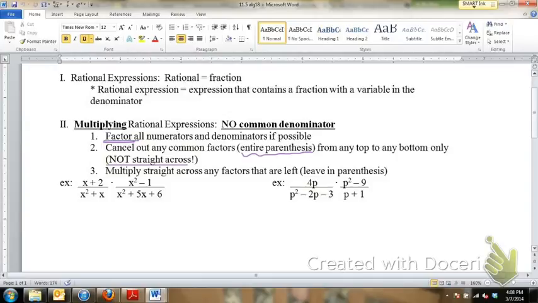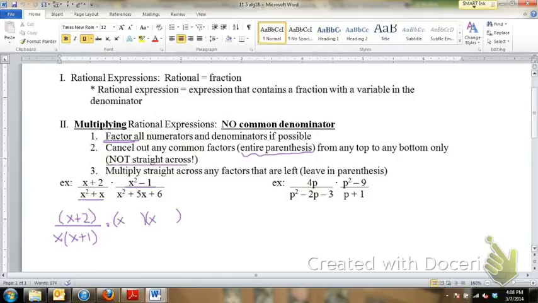X plus 2, I can't do anything with that. So I'll bring it down, but I will put them in parentheses so that I remember that it's a whole thing. But underneath it, these two have an x in common. So I'm going to factor out an x, and I'm left with an x plus 1. In the top up here, x squared minus 1, that's a difference of 2 squares.